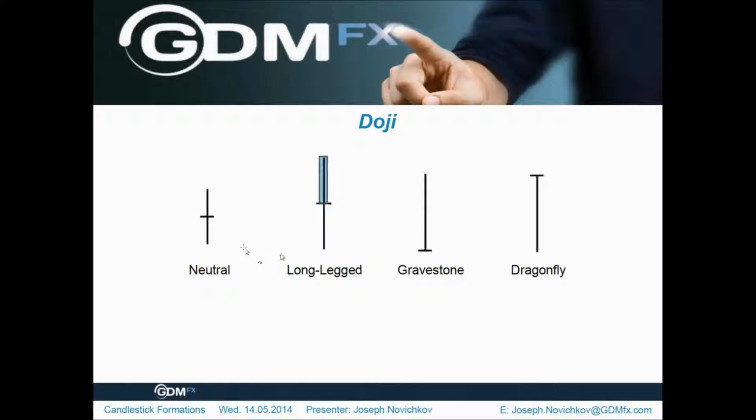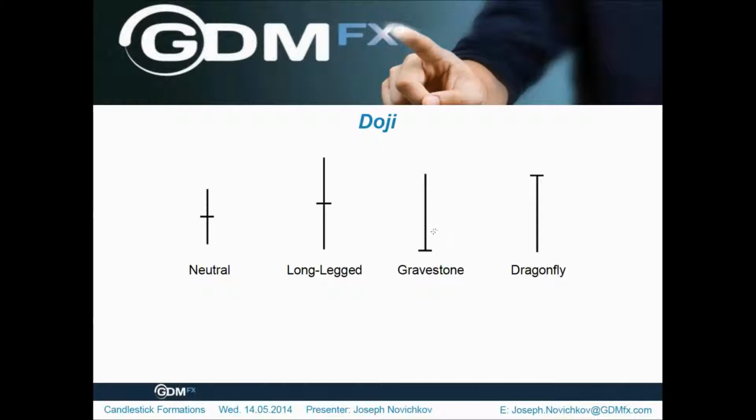Now, the next two types of doji lines are quite a rare sight on the candlestick chart, basically because they are very strong reversal signals. As we talk about the patterns themselves, we're looking for reversal signals or continuation signals to have an idea so we can support our theory for the next price move.